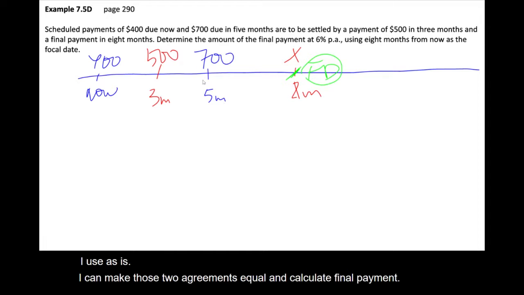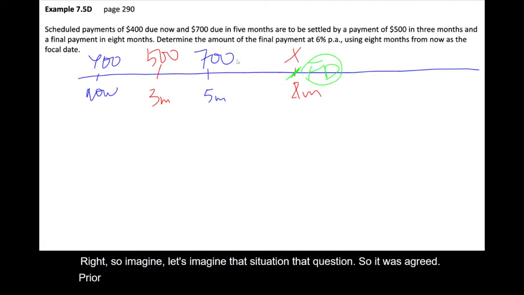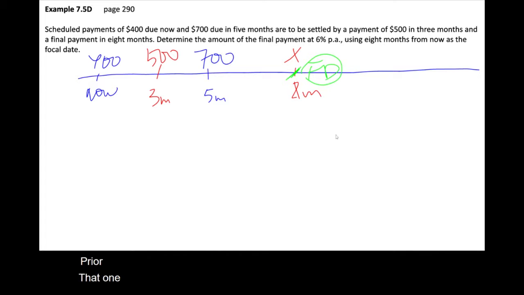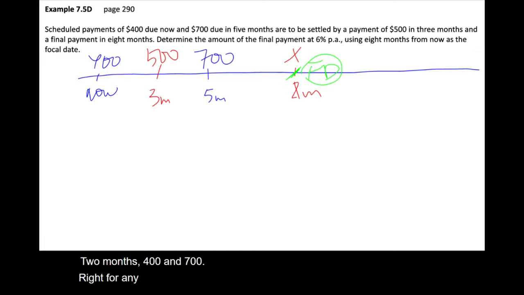Right. So let's imagine that situation, that question. It was agreed prior that one party will pay another party two amounts of money, 400 and 700. For any reason, it never happened. So those payments were renegotiated.